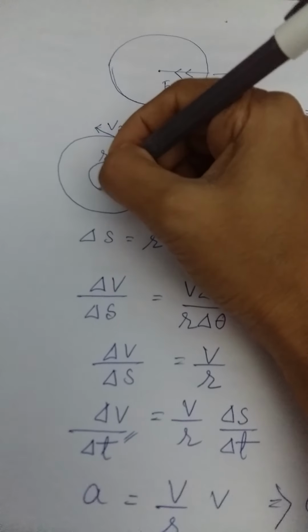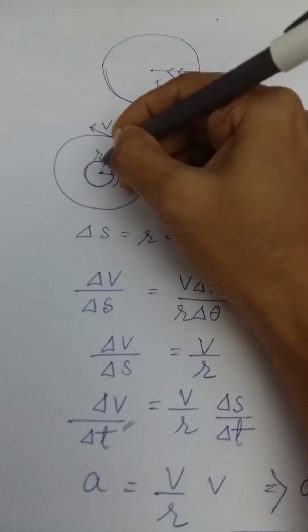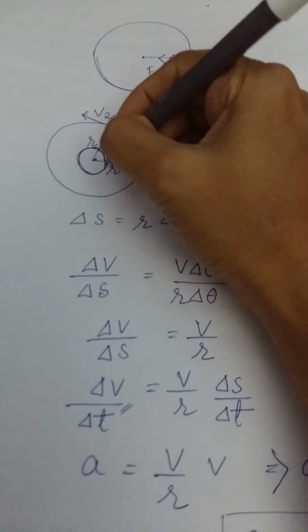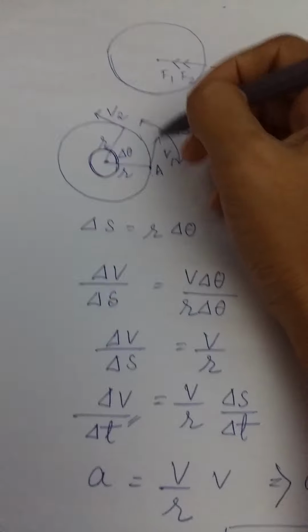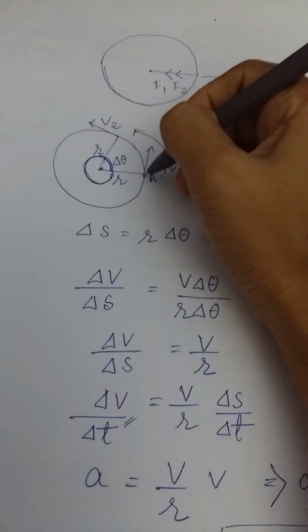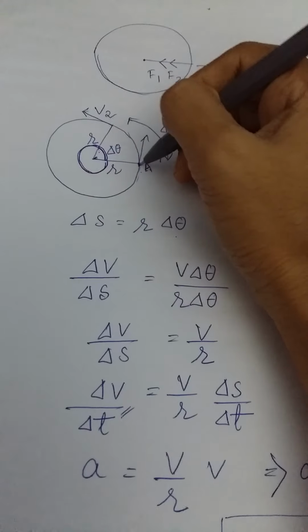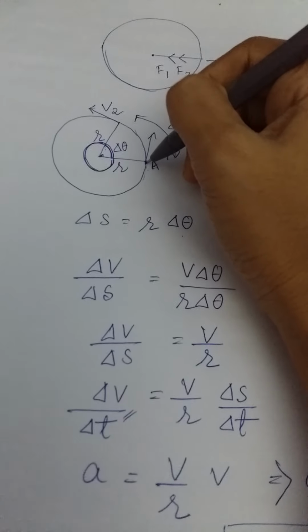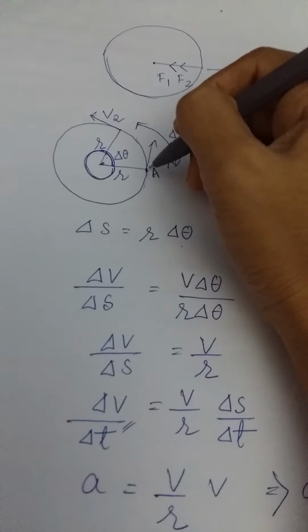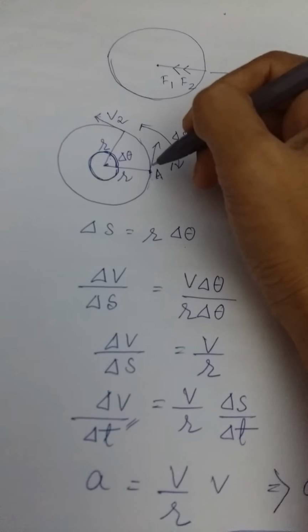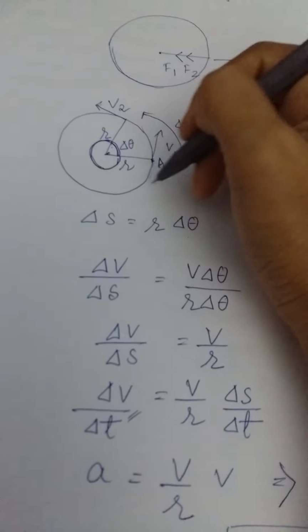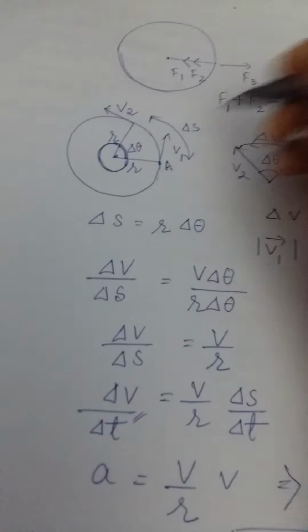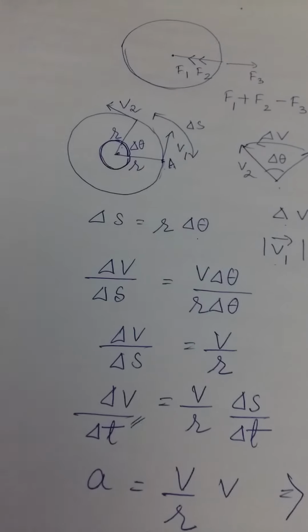But this angle gives you the angular displacement, which equals 180 degree plus 180 degree, that is 2 pi. The time taken to complete this one revolution is your time period, and the number of revolutions completed in 1 second gives you the frequency.